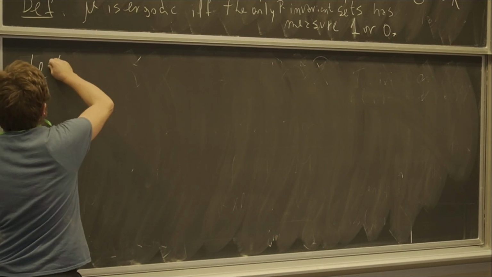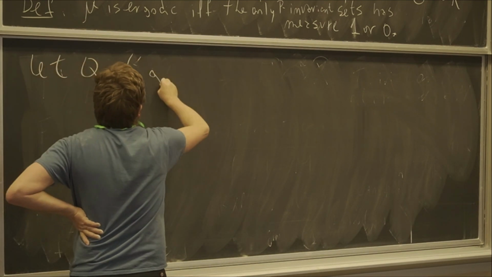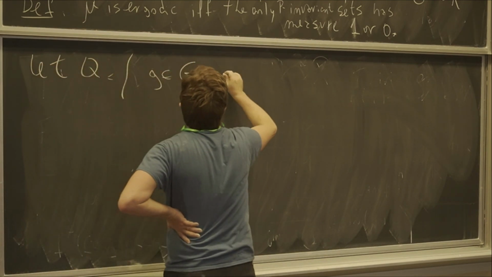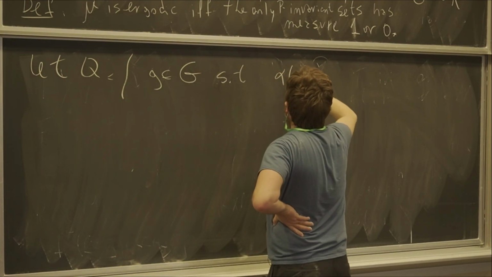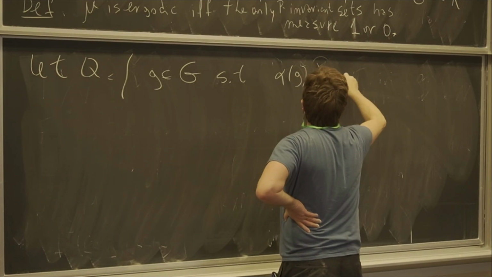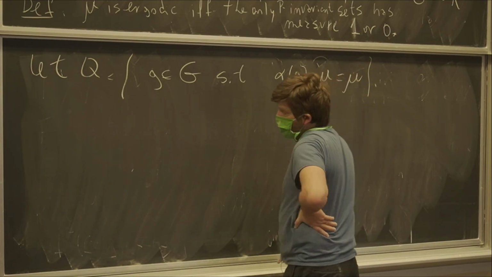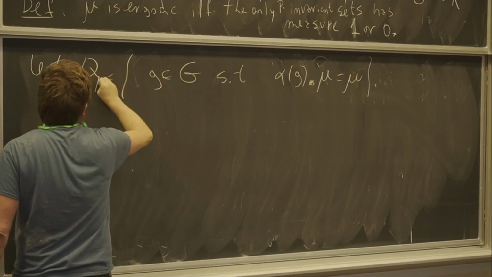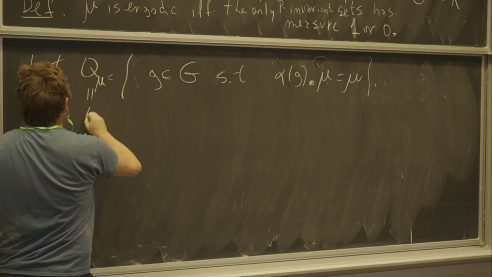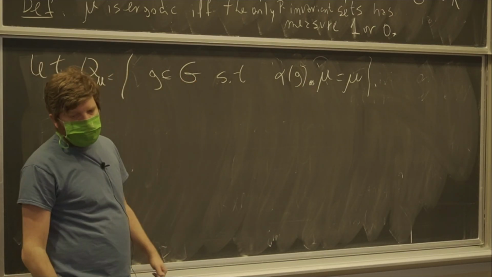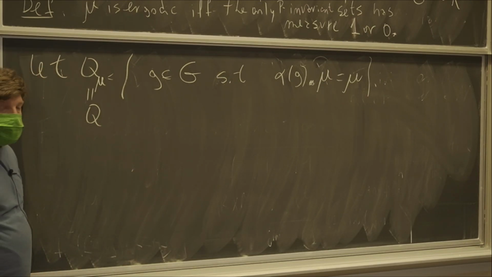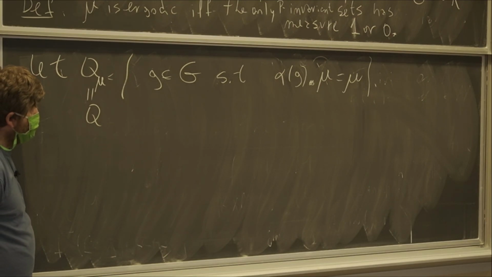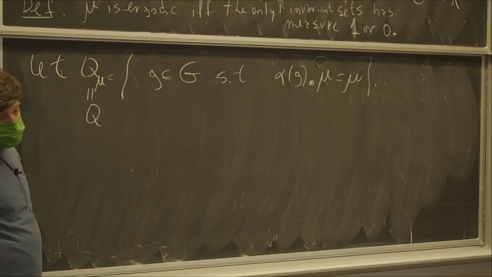So let Q be all the g in G such that alpha of g star mu equals mu. I could define Q_mu, but since mu will never change, well, maybe later it will change, but not yet, that's just Q. So it's the subgroup of G that leaves this measure invariant.